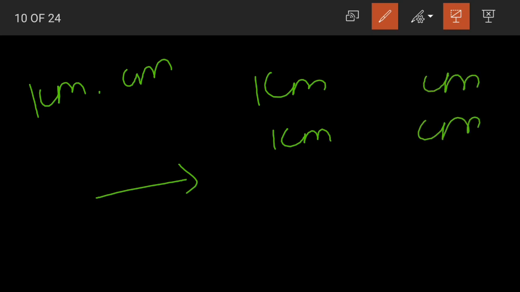We always add similar terms. We add kilometers with kilometers and centimeters with centimeters. In the same way we subtract kilometers from kilometers and centimeters from centimeters. It is not possible to subtract centimeters from kilometers.